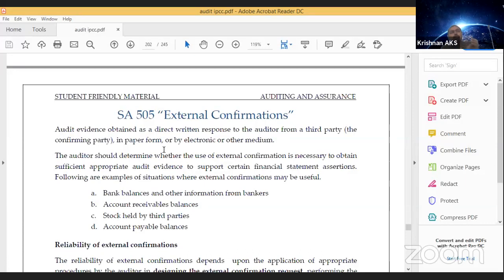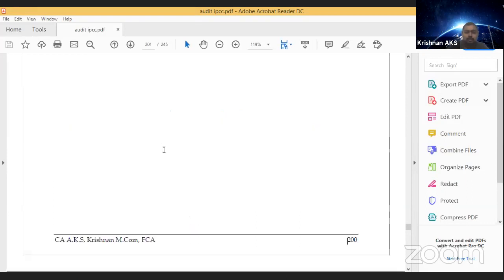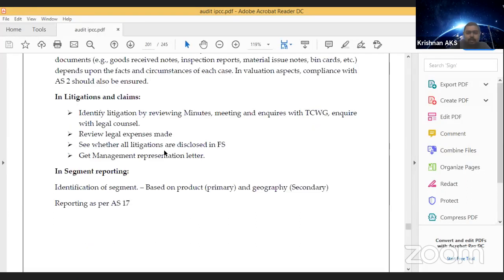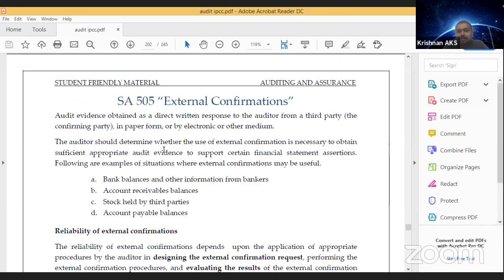We should disclose all the products which are in a segment. For example, if the cigarette business is crossing 10 percent, then for the cigarette business separately you should write a P&L kind of statement. Sir, if there are 3 products which come to 10 percent or more, but 5 more products which are not crossing 10 percent, then you should say other segment and disclose the things. Okay. Next, SA 505, external confirmation.